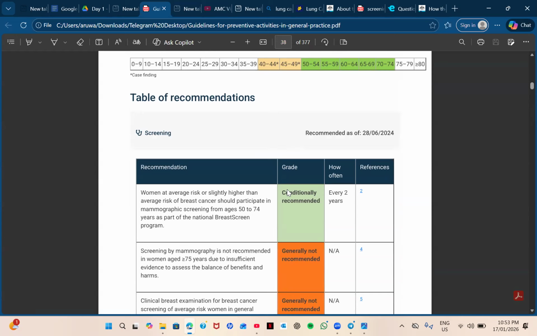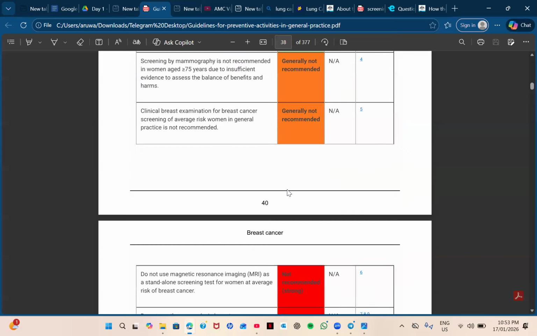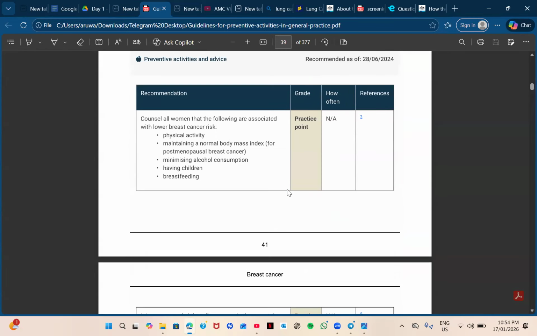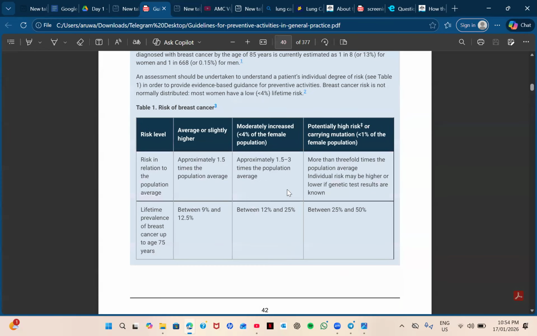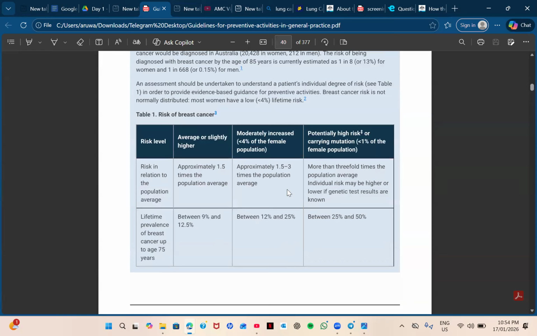According to risk factors, so let's go through it. First of all, we have to categorize these patients: who are the average risk, moderate risk and high risk? Okay, so we have to categorize. First, one minute.